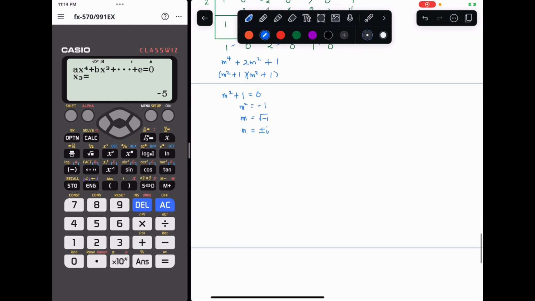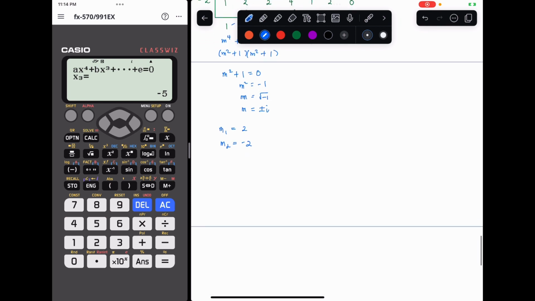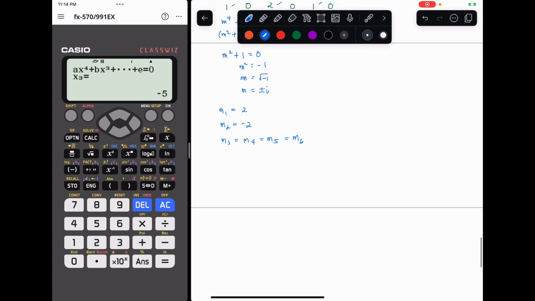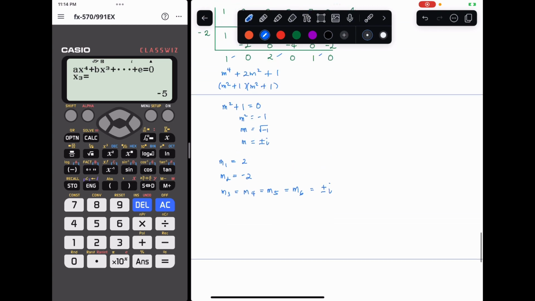So in short, we have m1, which is 2, m2, which is negative 2, and then our m3 is the same as m4, and it's actually the same as m5, and the same as m6, because m squared plus 1, it's the same as plus or minus i.